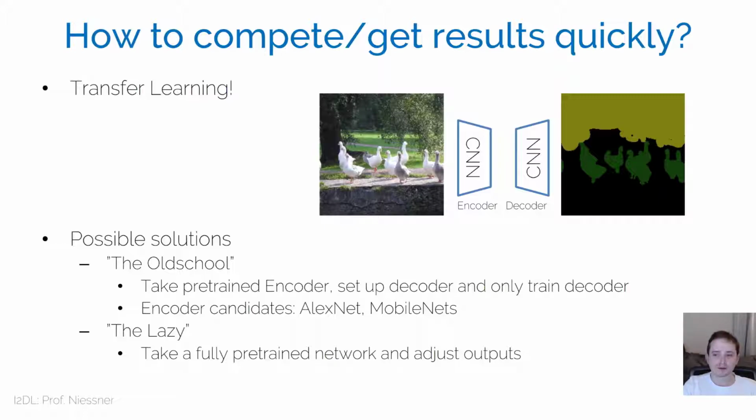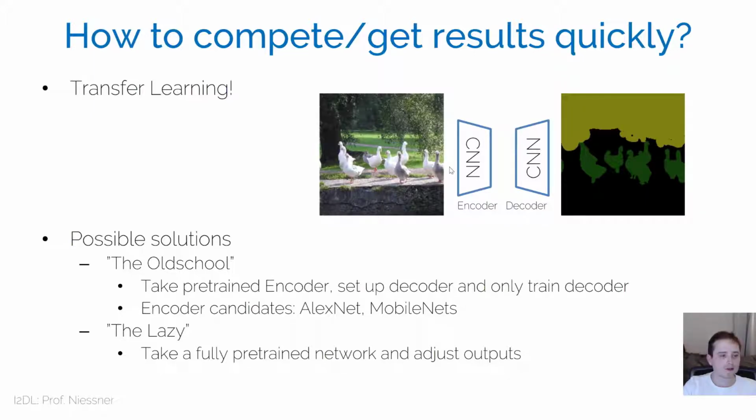So the old school approach would be to take some network that was trained on ImageNet and use the encoder and freeze it, and then set up your own decoder that learns to output the correct per pixel classes, and you only train this decoder.